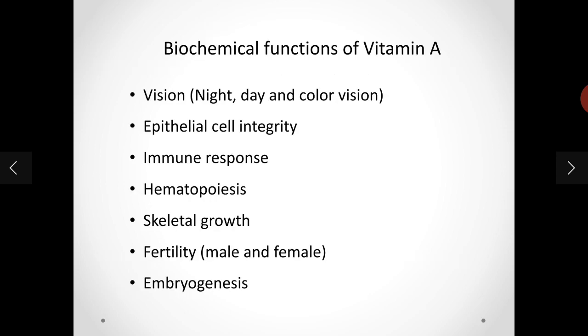Coming to the functions, the main function of vitamin A is in vision, both in night and day vision and in color vision, and to maintain epithelial cell integrity, to provide immunity and hematopoiesis for the production of your blood cells, and for skeletal growth, fertility both in male and female, and in embryogenesis.